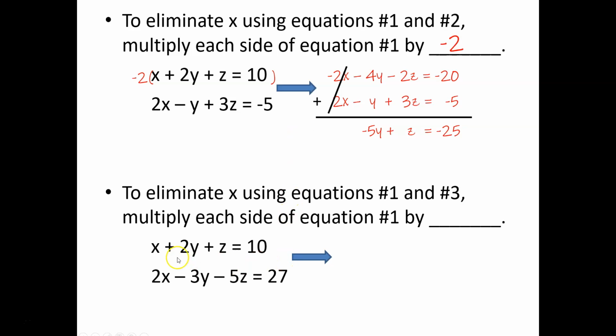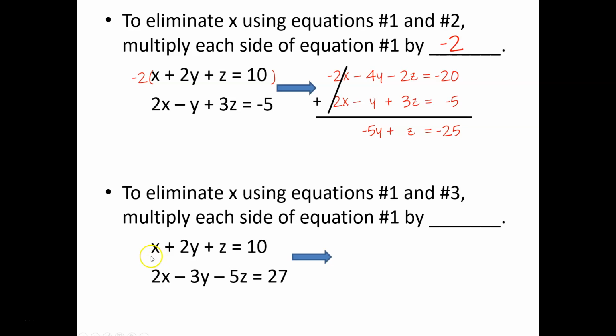Now we're going to take that same first equation, because we can reuse one equation, and the third equation that we haven't used yet, and we still are looking to get rid of the same variable. We got rid of x's here, so we have to get rid of x's here. You just have to make sure that you're getting rid of it in both situations. So again, we have an x and we have a 2x.